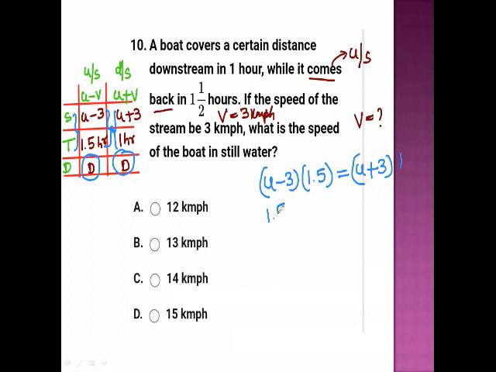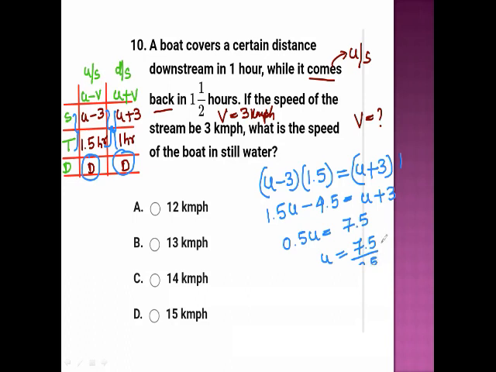So 1.5u minus 4.5 will be equal to u plus 3. If you take it here, it will become 0.5u equal to 7.5. So therefore u is equal to 7.5 divided by 0.5.